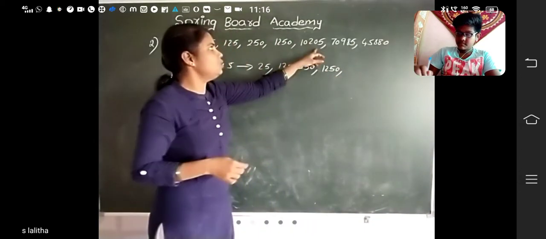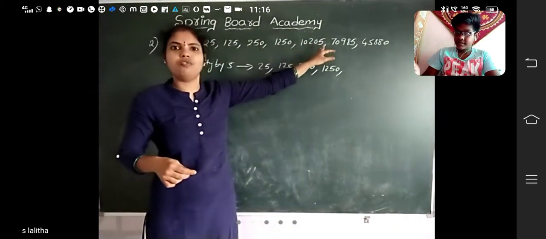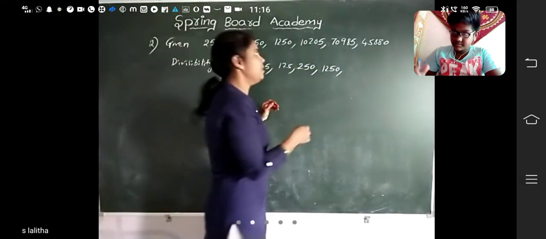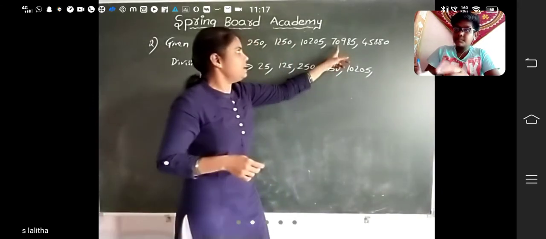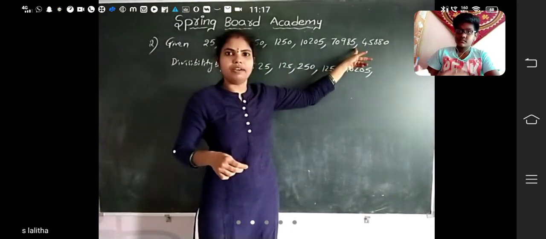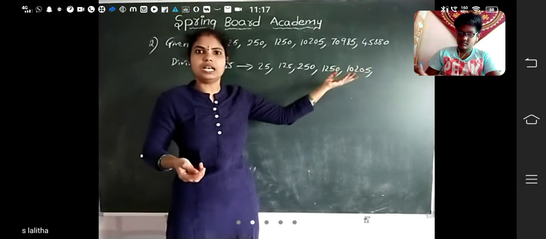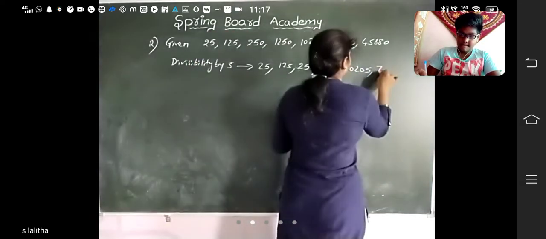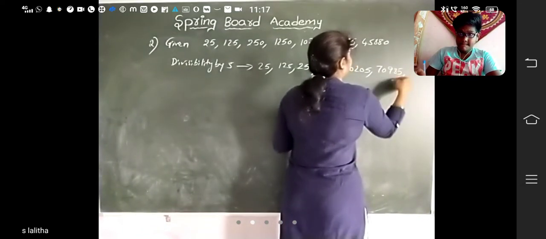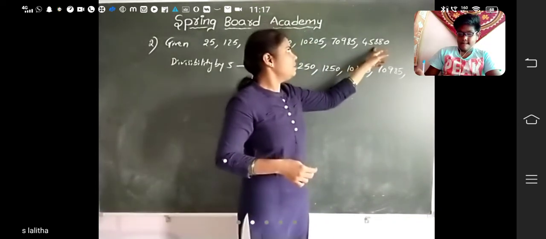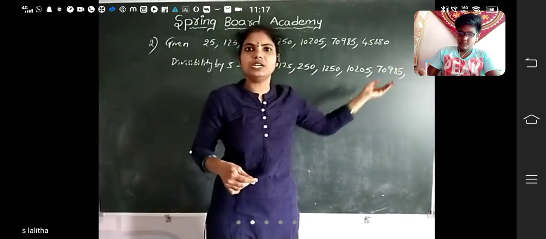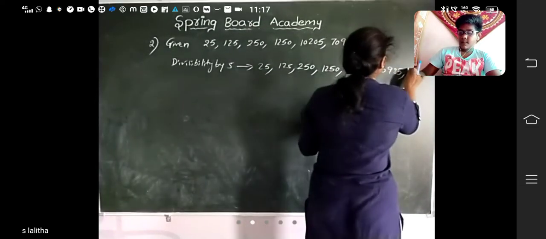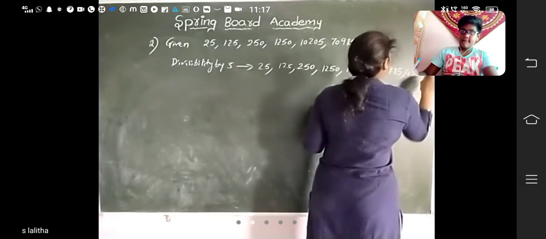And 10,205, in the ones place 5. So it is also divisible by 5. Next 70,985, in the ones place it is 5. So it is also divisible by 5. Next 45,880, in the ones place 0 is there. It is also divisible by 5. So all the numbers are divisible by 5.